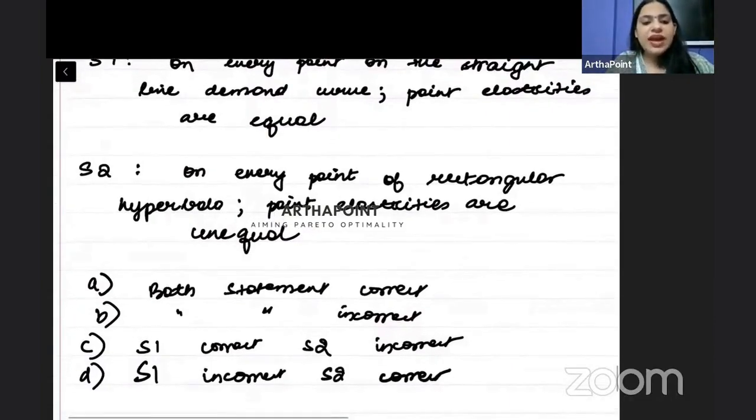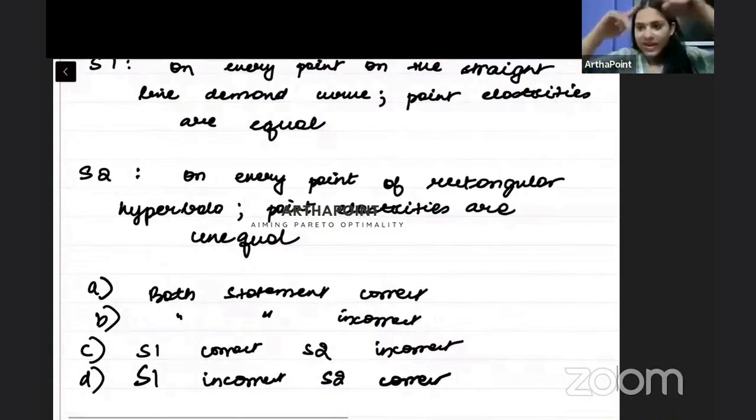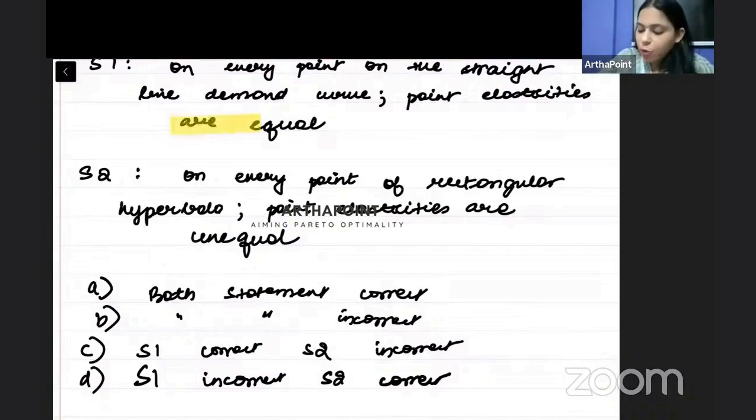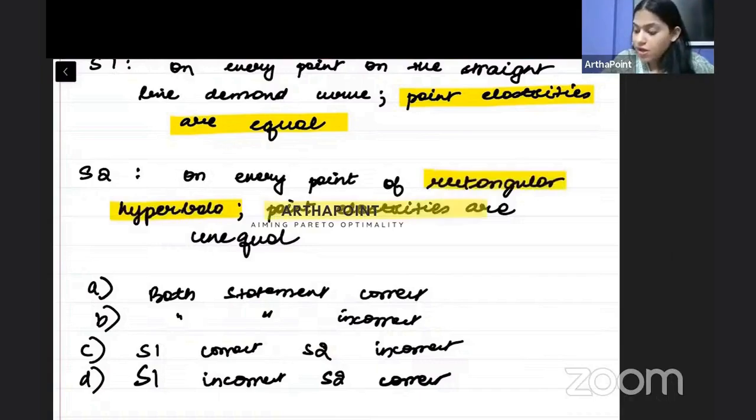So it is saying that you have a straight line. Are point elasticities equal on that straight line? That is the first point. And second, it is saying that on a rectangular hyperbola, point elasticities are unequal. What do you think? What should be the answer to this question? Okay, we are seeing the answer as B. B, correct, beta.